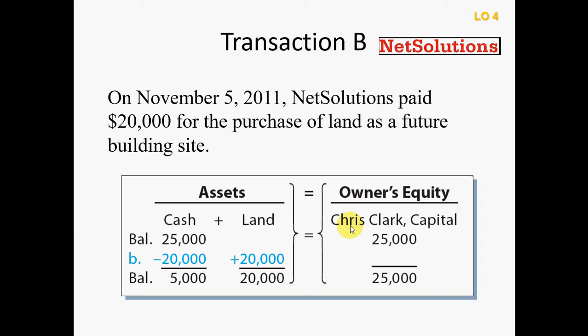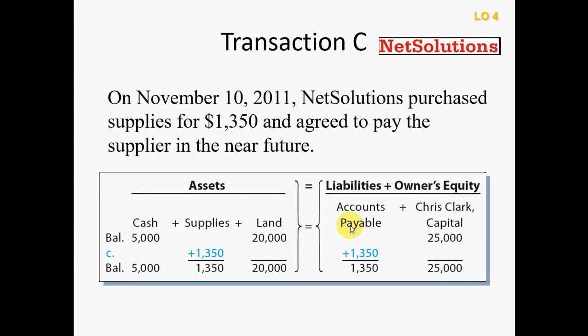Similarly, now talking about transaction C. On November 10, 2011, Net Solution purchased supplies for 1,350 and agreed to pay the supplier in the near future. Now this means that the purchase is being made on account. Okay, the payment will be made later.